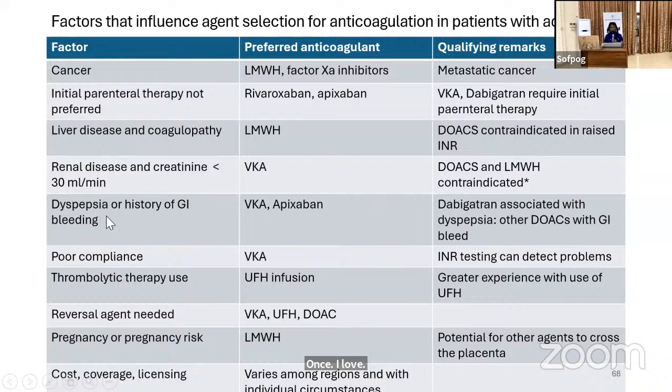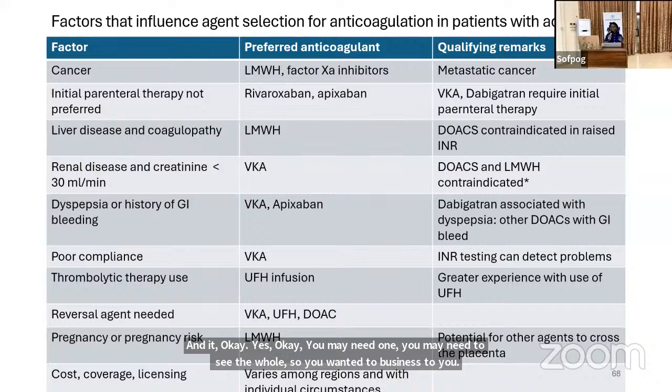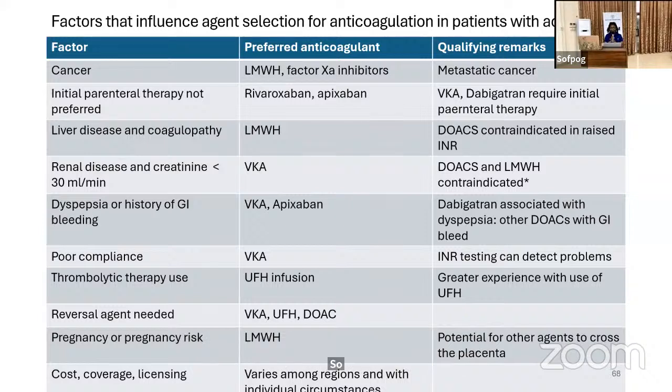And if dyspepsia or bleeding in the gastrointestinal tract is a concern, then we need to strike a balance. Then with patients with poor compliance, you may need to see them more frequently, so you want them to visit you for their clotting checks every now and then.